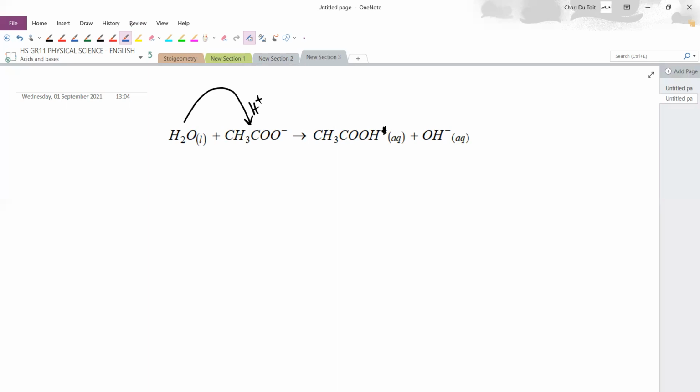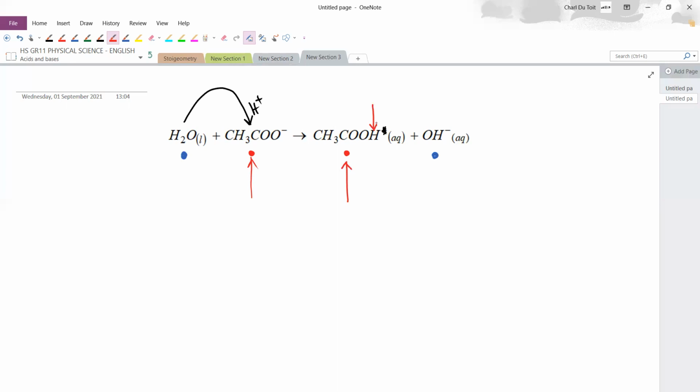So sir, is water the acid? Yes. Look, there we have water, and water becomes OH minus. Here we have acetate ions and it becomes acetic acid. So what happened to this acetate ion? Well, it became that one on the right-hand side.